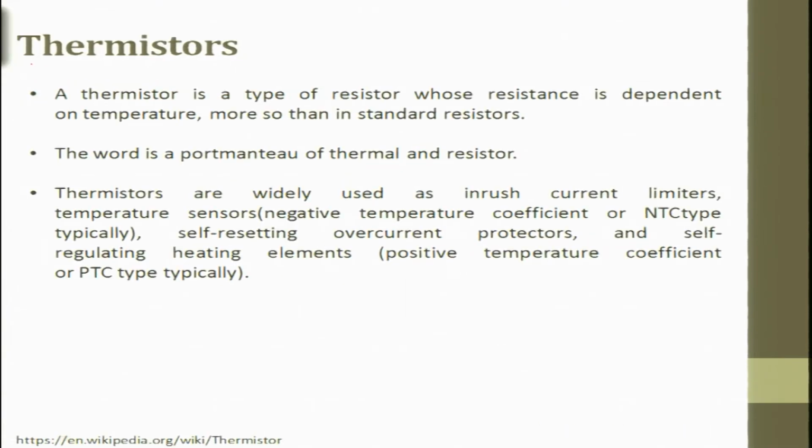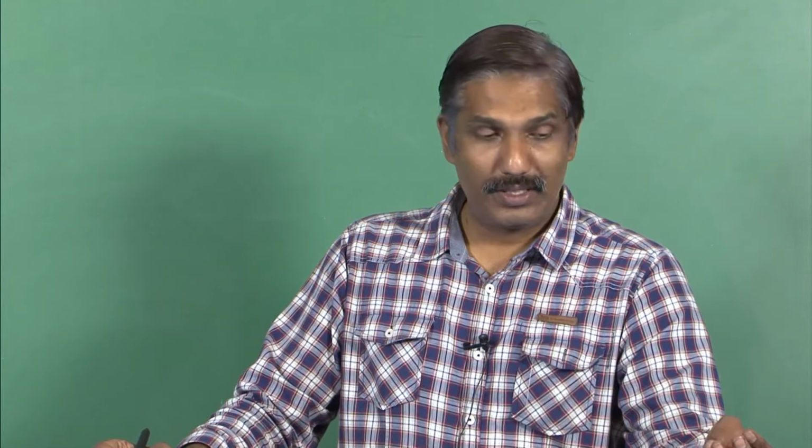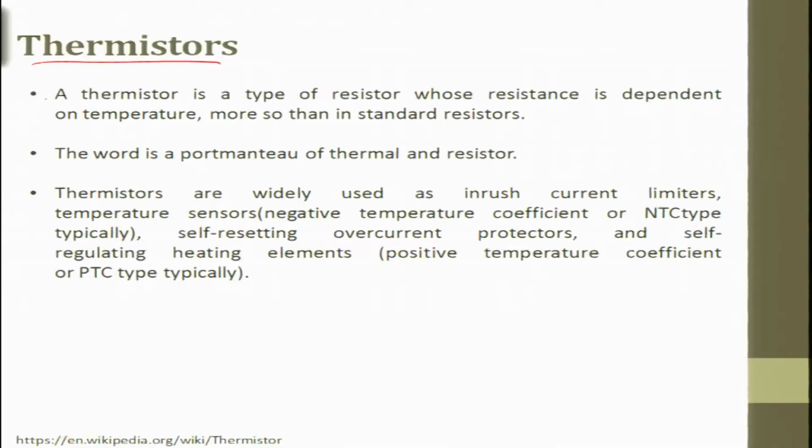So, the next kind is the thermistor. Thermocouple, thermopiles, we studied about the resistance temperature detector. Now, we are going to the next type, the thermistor. A thermistor is a type of resistor whose resistance is dependent on temperature more than a standard resistor.